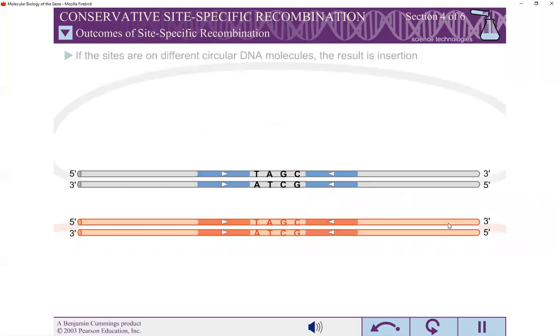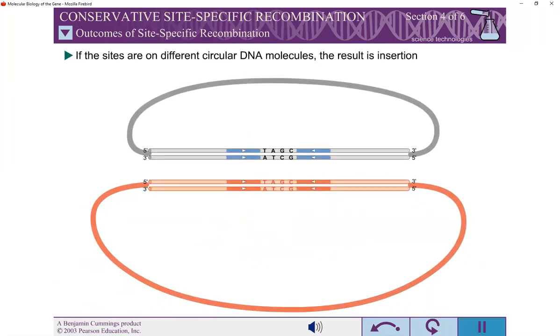Look here. If the recombination sites are on different circular DNA molecules, this is a simple recombination that is going to be observed here. You just remember this as POP dash, that is present in the case of the lambda phage genome. Let this be the lambda phage genome, and the other genome be that of E. coli.